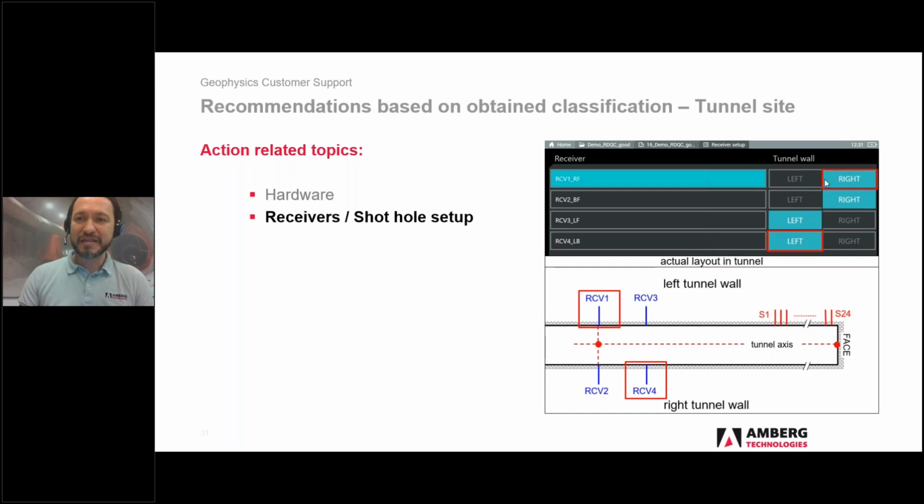So there was a problem here while the user was assigning the position of the receivers. She or he made a mistake. Okay, this may happen, but of course this will have an influence on the calculation we are doing in the raw data quality check. So you need to ensure that this assignment is properly done in the tunnel.